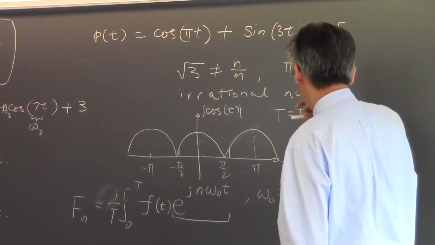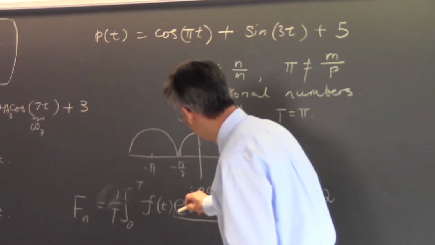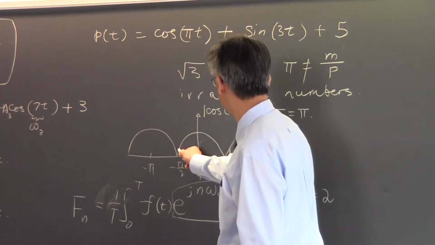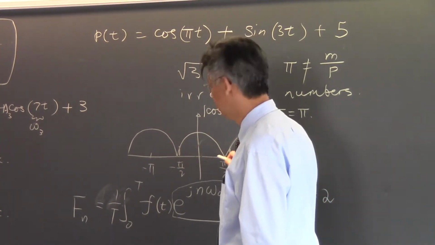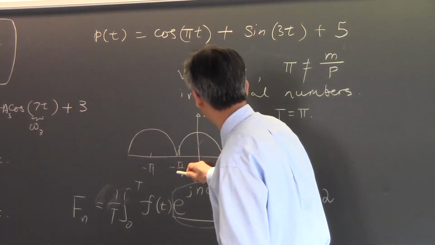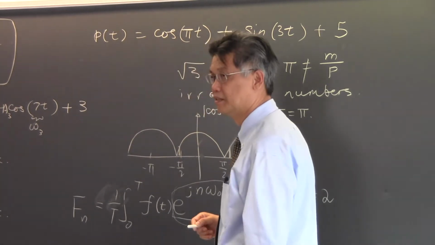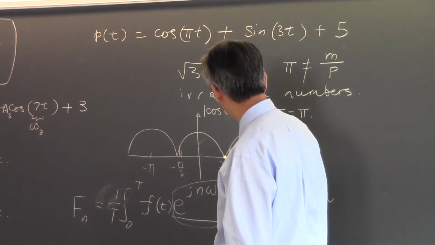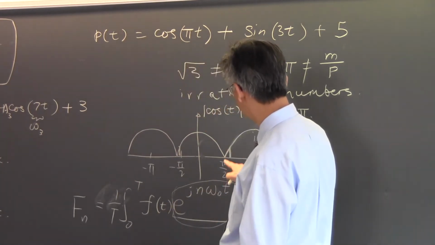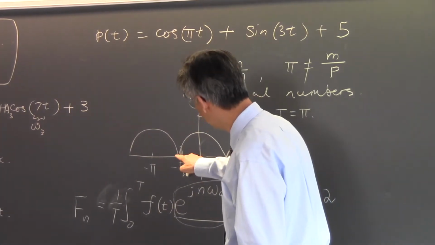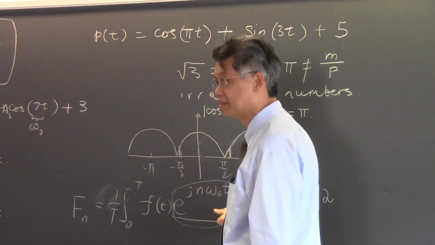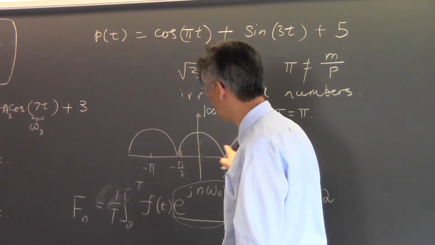So if you look at just this part of the function, which is the Fourier harmonic, it repeats itself from here to here. The value of this function over here is also the value of this function over here. So when I integrate from here to here, having this function multiplied by this Fourier harmonic is the same as integrating from here to here, because this repeats itself.